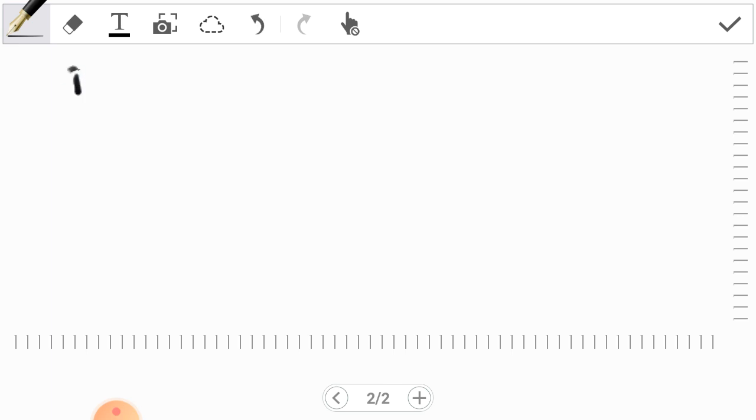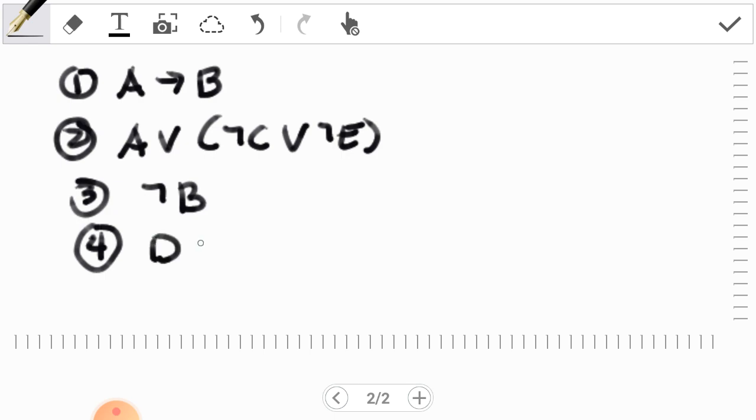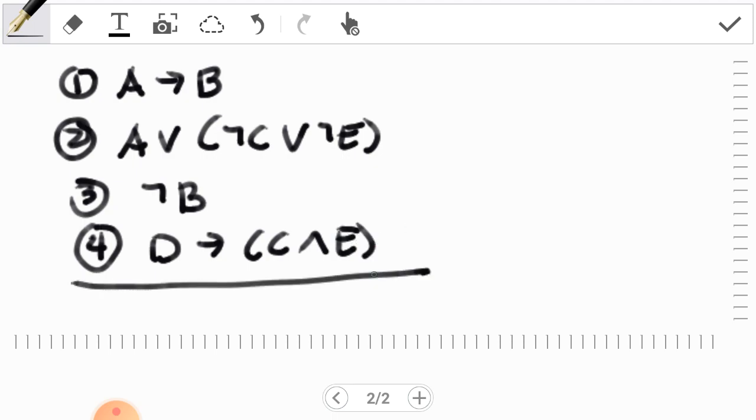The first premise now is A implies P. The second premise is A or not C or not E. 3, we have not B. 4, we have D implies C and E, with our conclusion not D. So we have 4 premises and the conclusion is not D.